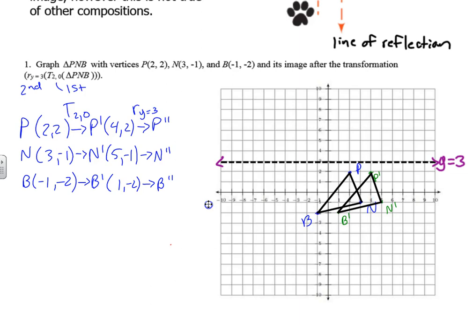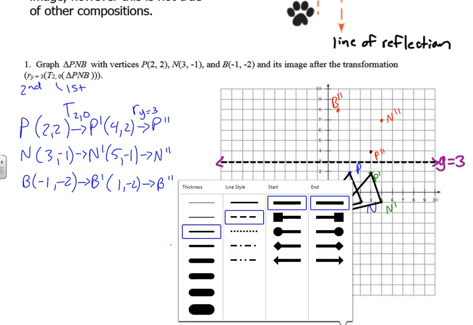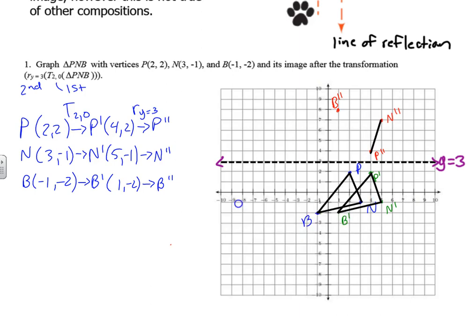How far away is P prime from y equals 3? It's 1 away, so I'm going to go 1 up here, and that is P double prime. N is 1, 2, 3, 4 away, so I'm going to go up 1, 2, 3, 4. This would be N double prime, and B is 1, 2, 3, 4, 5 away, so that's B double prime. We'll connect these with a straight edge.